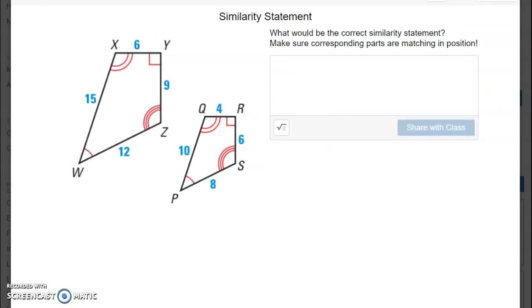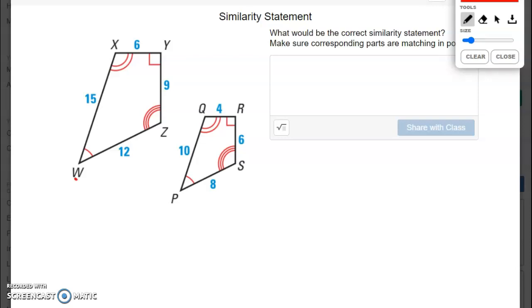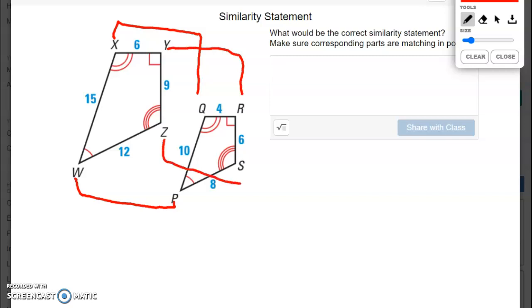Similarity statement. What would be the correct similarity statement? Make sure the corresponding parts are matching in position. So I know that W matches up with P, X matches up with Q because of the angle arc measure, Y matches up with R, and Z matches up with S. And we're told that, well, let's check.